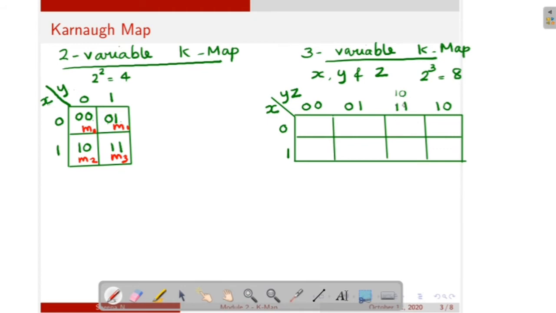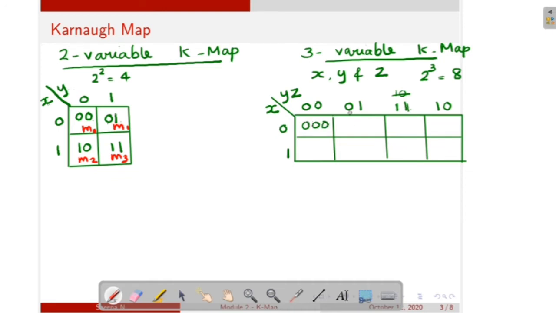But when you write 1, 1 here, instead of 1, 0, the first bit is different and the second bit is same. Okay, so here also the first bit is same and the second bit is different, only a difference in 1 bit. Okay, that is the specific rule for drawing this K-map. The adjacent cells may differ in 1 bit only. So this square represents 0, 0, 0.